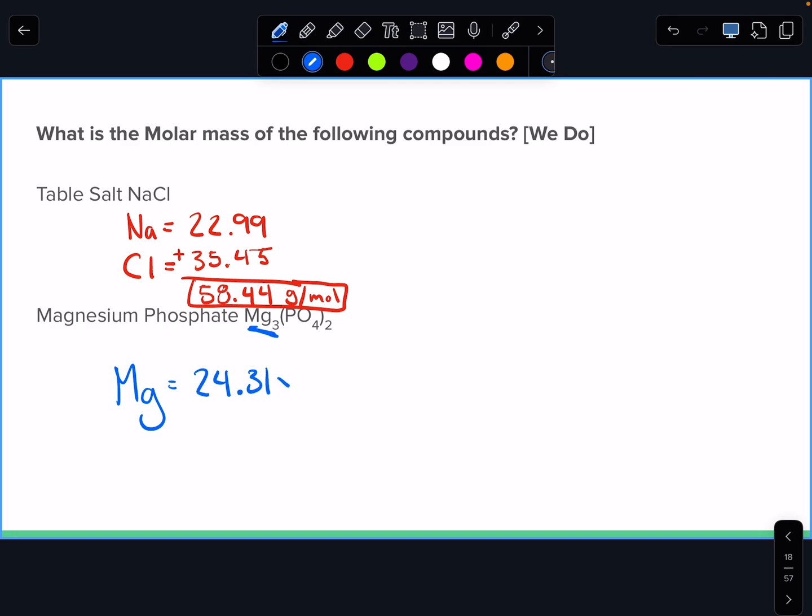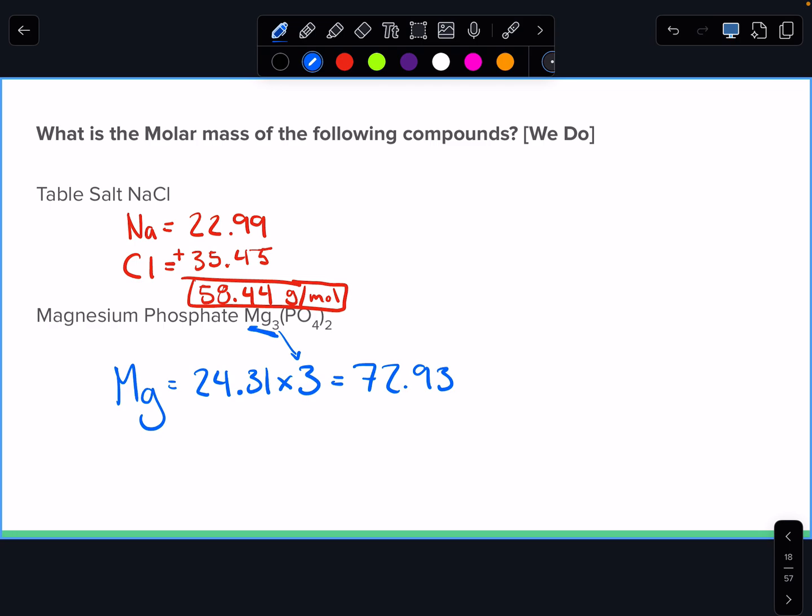And I need to multiply that number by 3 because there's 3 Mg's in the compound. So 72.93 would be the total amount of magnesium.